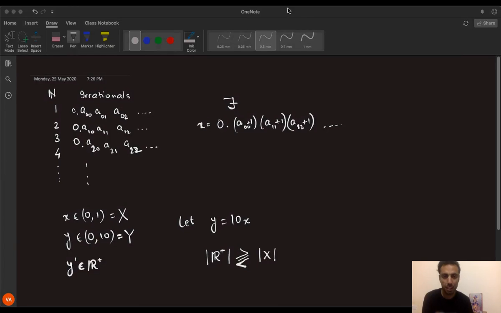Which one is bigger, R positive or X? So X is 0 to 1 and R positive is infinite times 0 to 1. So which one is bigger?